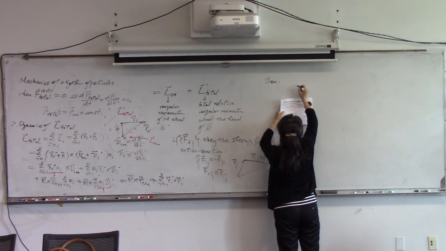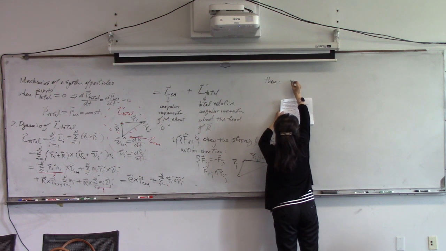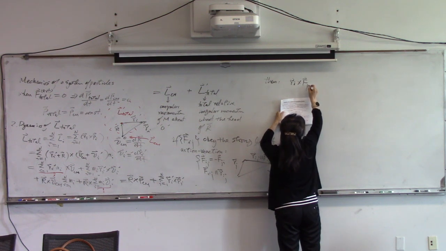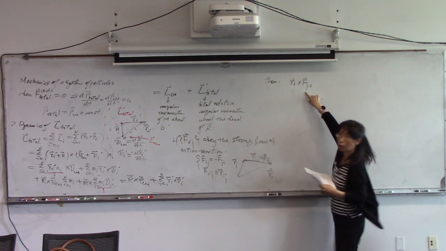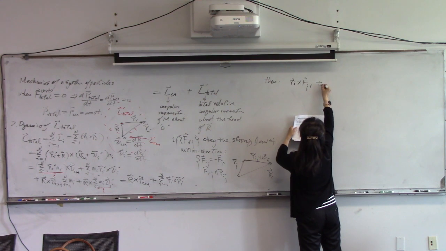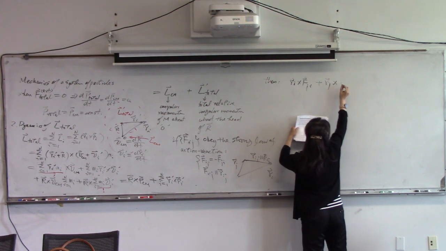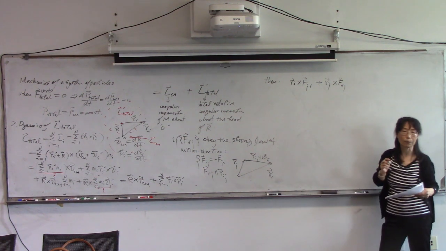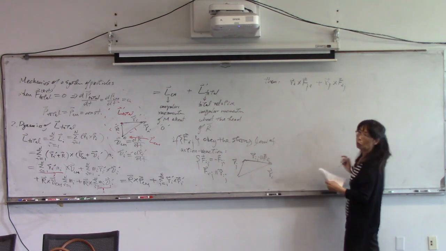Then we have Ri cross product with Fji, that means the j-th particle exerts a force on the i-th particle, plus Rj cross product with Fij, the i-th particle exerts a force on the j-th. Let's look at these two pairs.